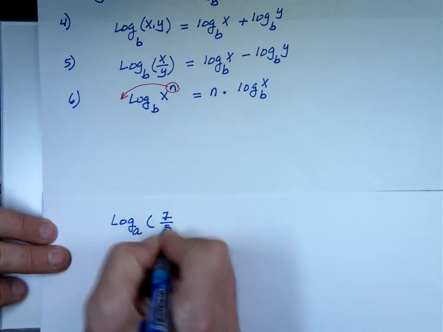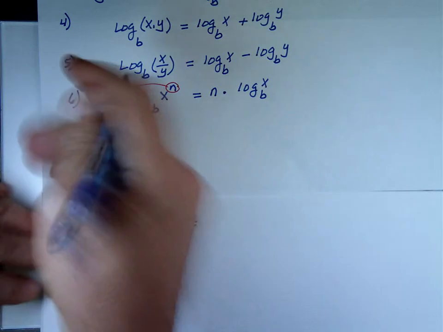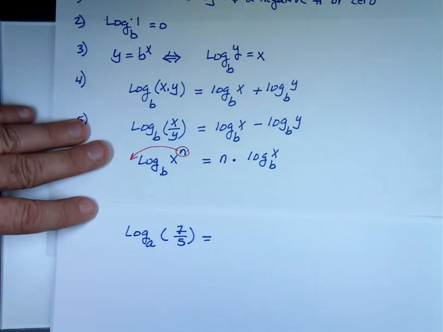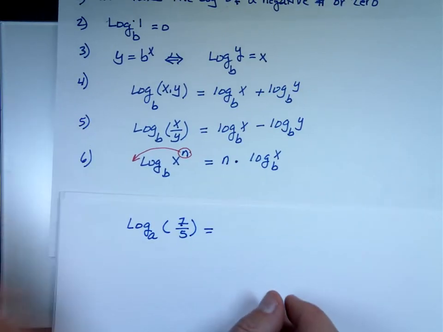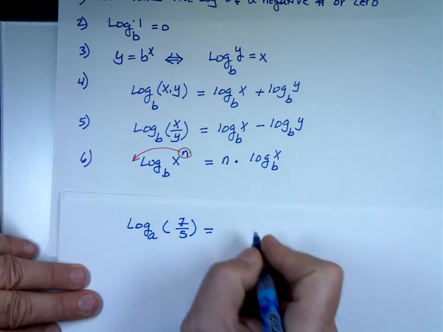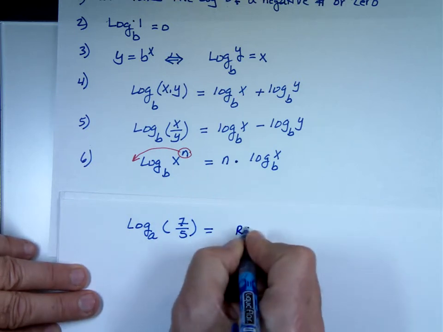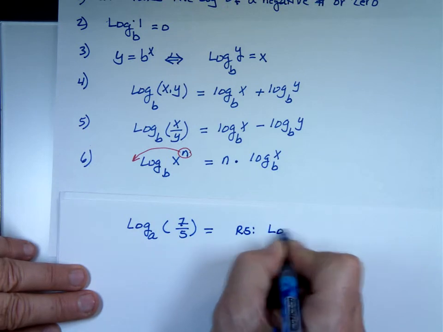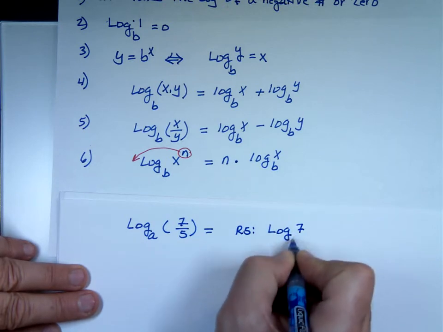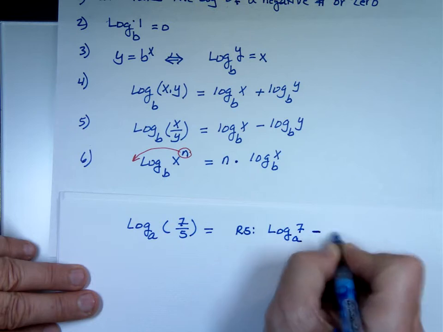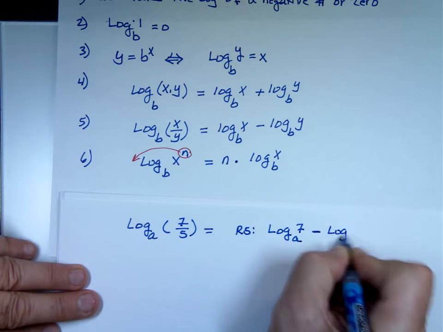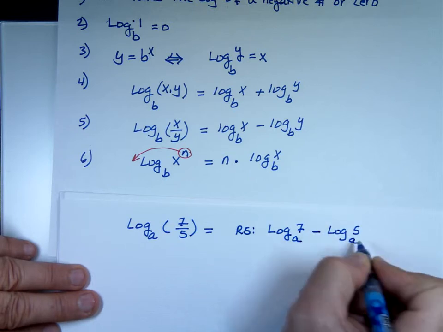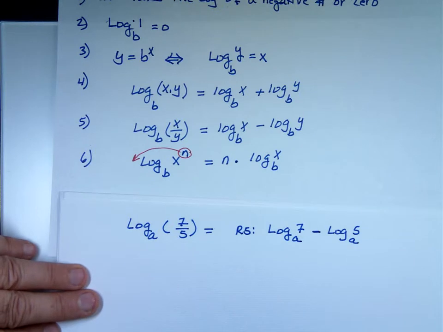We said simplify that or apply some of the rules that apply to it and tell me what you can do with it. Subtract. Which rule is that? R5. That means rule 5. You can write that log 7 base a minus what? Log 5 base a. Because you have division.